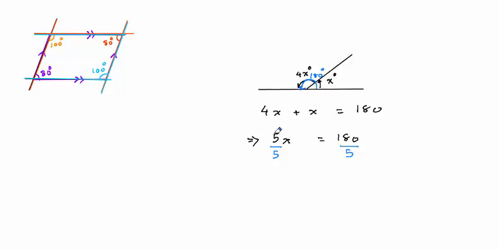I just divided both sides of the equation by 5 so that I could have a 1 here. 1x is the same as x. So we have x is equal to 36 degrees. So this one is 36 degrees and the one on the other side is 144 degrees, and the two add up to 180 degrees.